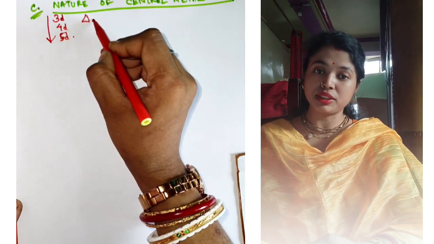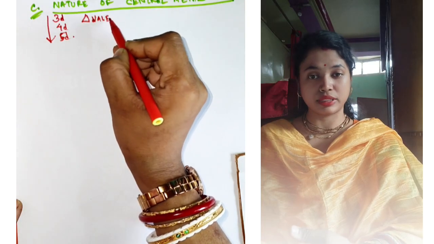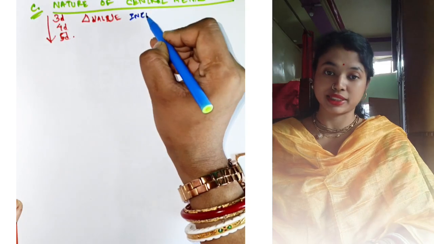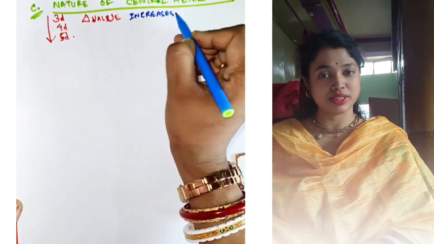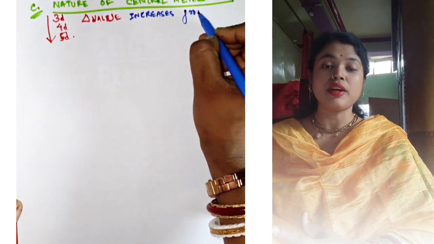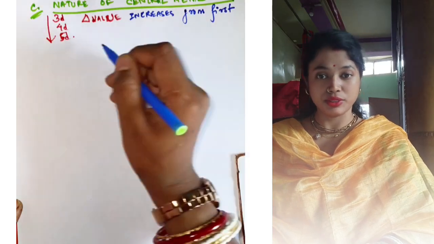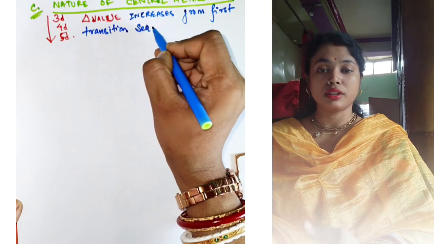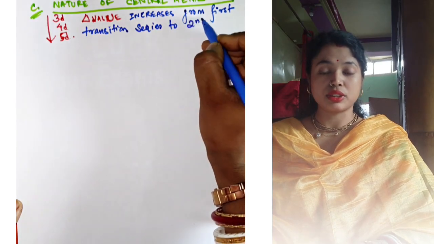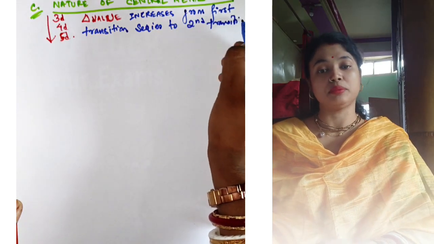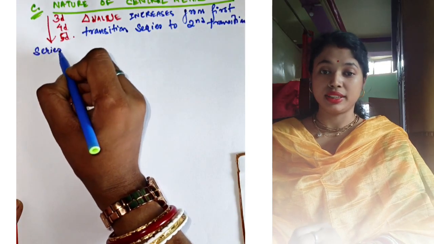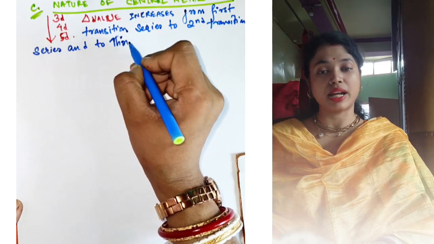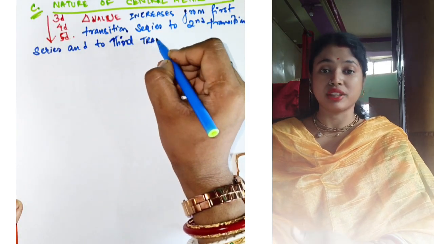Okay, so delta value increases from first transition series to second transition series and to third transition series.